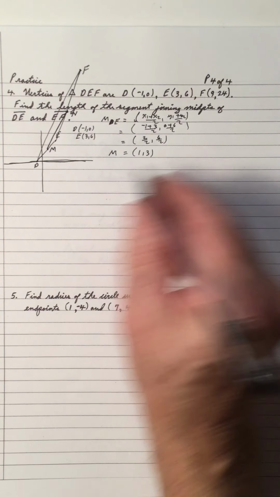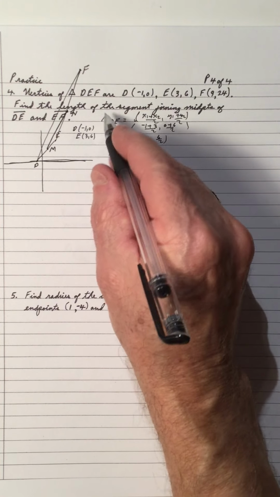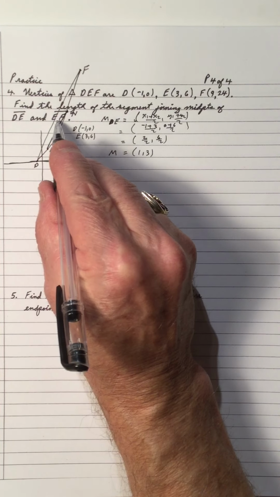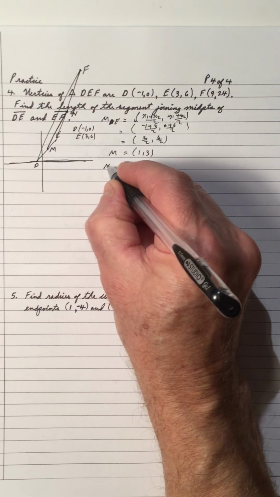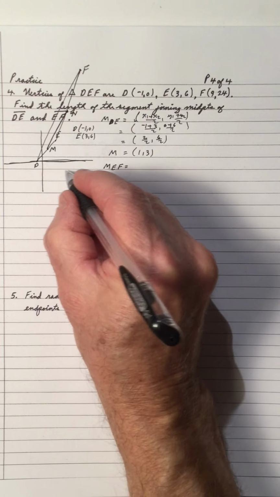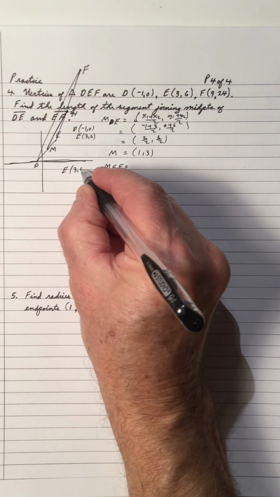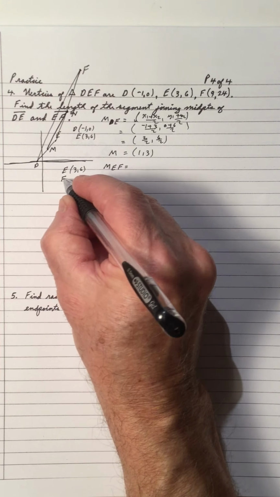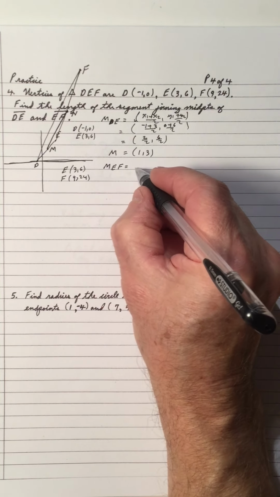Now let's find the midpoint of EF. E is (3, 6), and F is (9, 24).